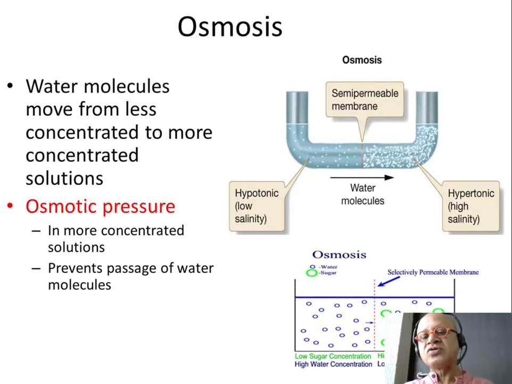So water molecules are going across this selectively permeable or semi-permeable membrane, where water molecules are being allowed to go across, but sugar molecules are not allowed to pass. Okay, so you basically move water from low concentration solution into high concentration solution. Okay, that's the osmotic pressure. That's all you have to remember.